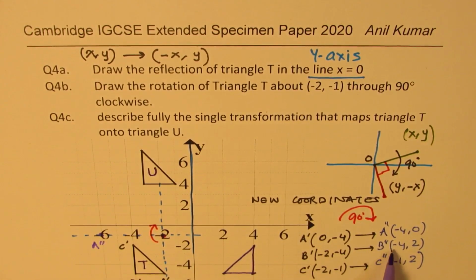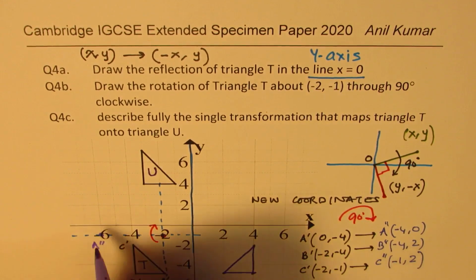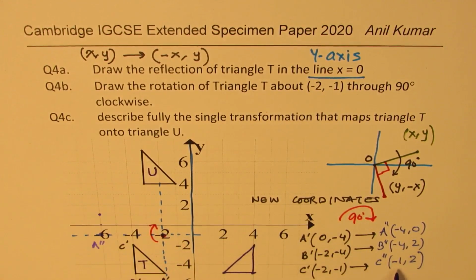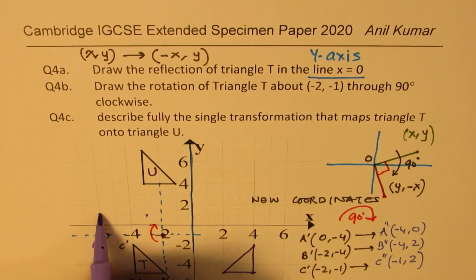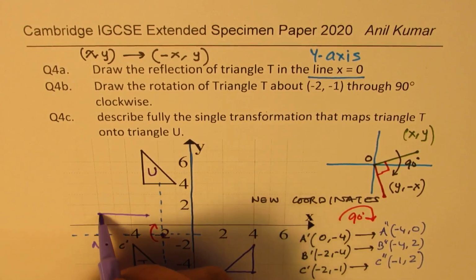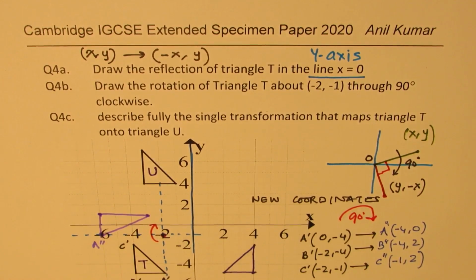B double dash is minus 4, 2. So from here, we'll go 2 units up, correct? And C double dash is minus 1, 2. So from here, just 1 away right there. So we have our new triangle, which has been rotated clockwise by an angle of 90 degrees.